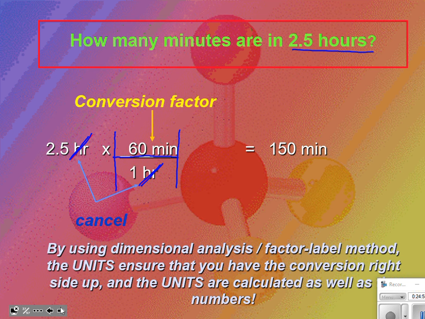Well, dividing anything by 1 is just itself, so all I need to do is take that value and multiply it by 60. So 2.5 times 60 gives me 150, and whatever unit I have left is the actual unit that I use.